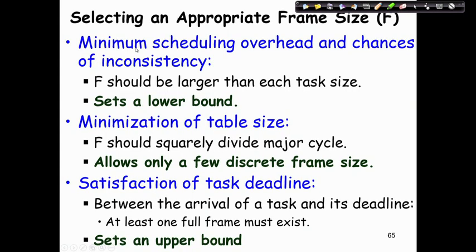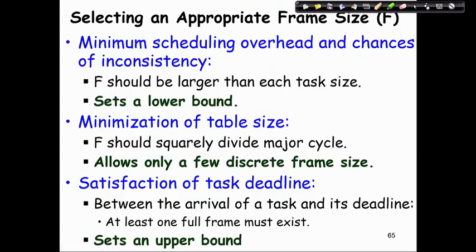The first consideration is that each frame size must be larger than the execution time of every task. If you remember why this is so, it is because every frame size must hold the task, or in other words, if a task is taken up for execution in a frame, it must complete within the frame.